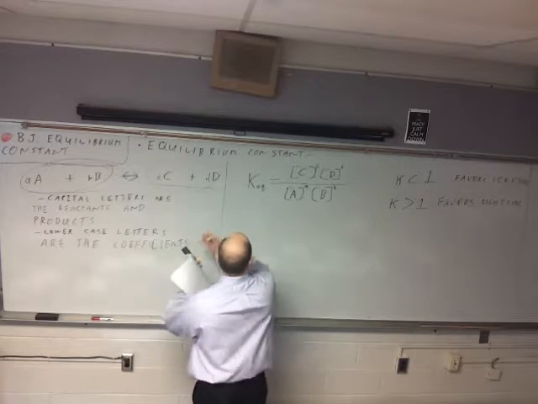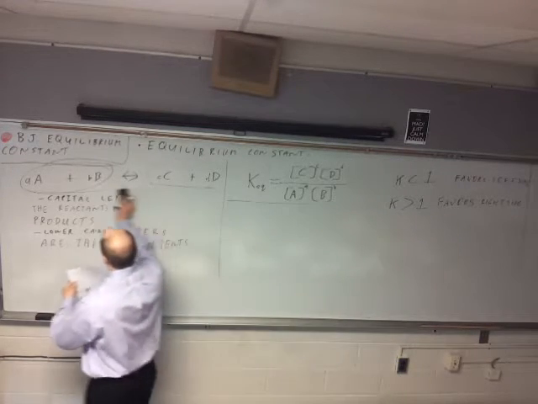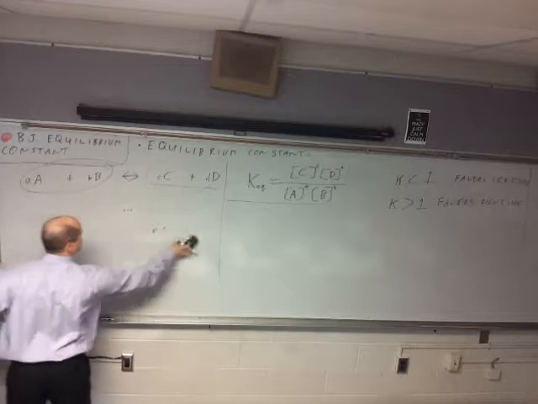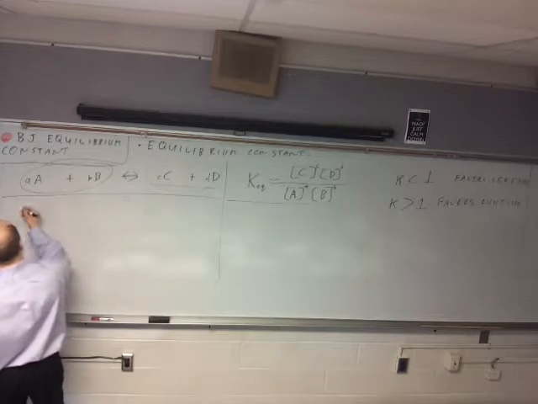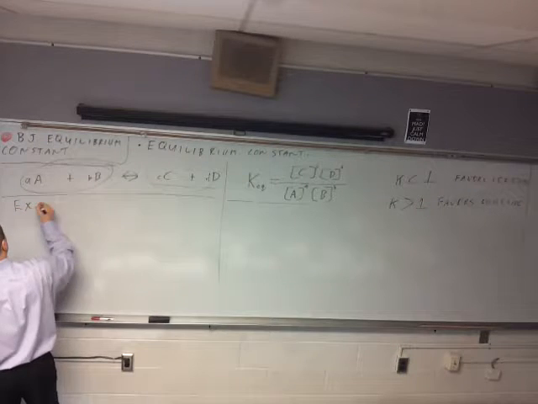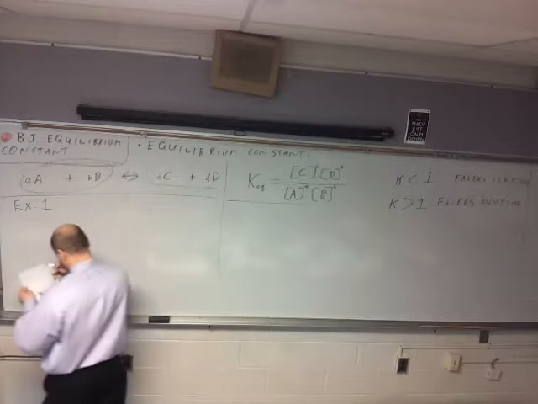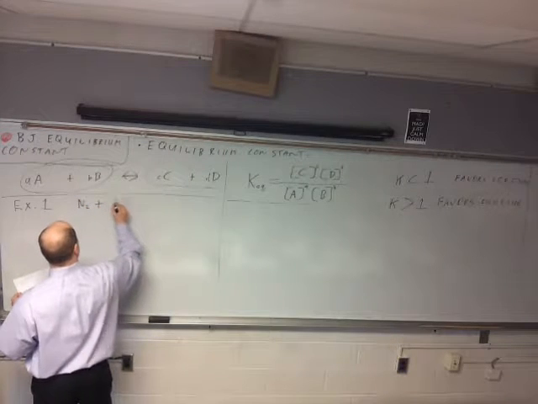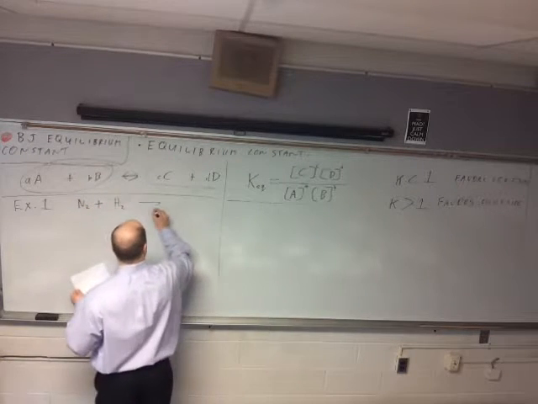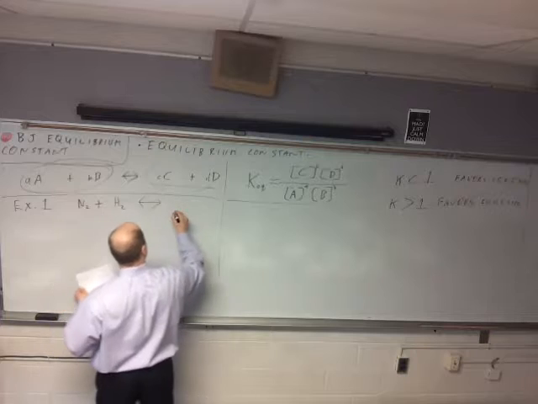I'll leave this stuff here and this stuff up top, and then I'll do it down here. All right, so let's say, and I'm just going to give you the numbers here, we have a reaction, N2 plus H2, and this is a real reaction.